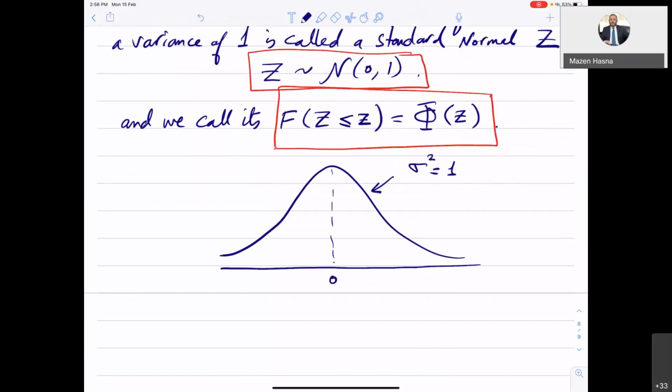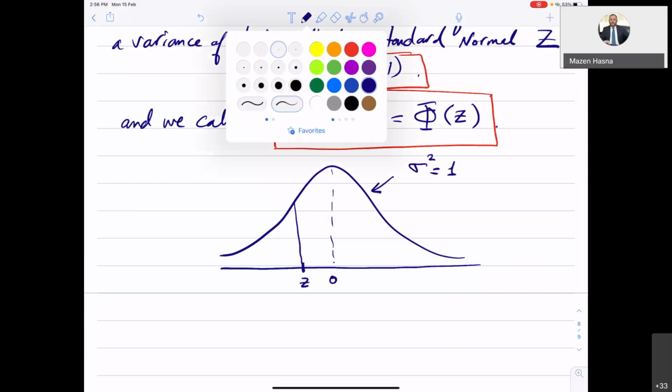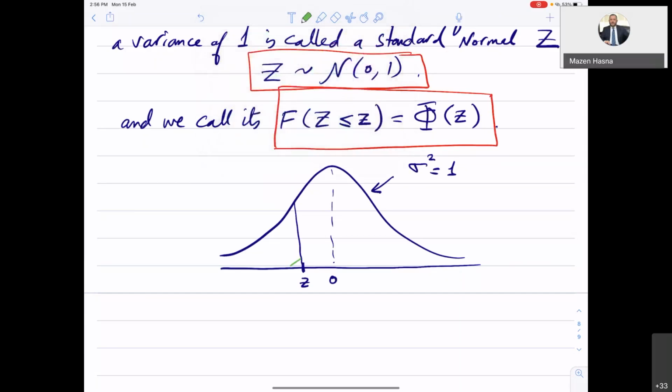And now, if this is z, then the probability that Z is less than z, which is the integration from minus infinity to z of f of x dx, I will call phi of z.